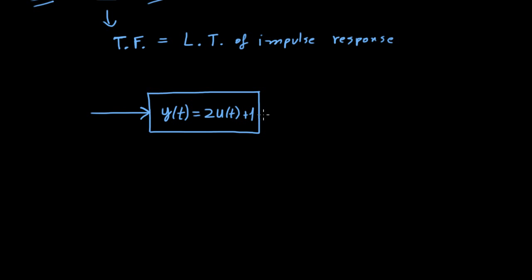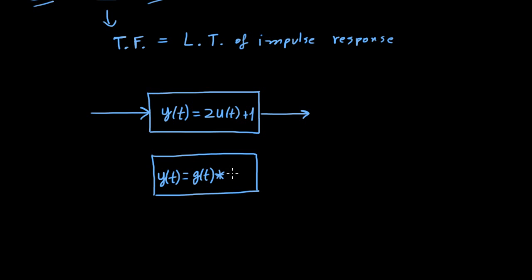This is a static system. And we can think of a dynamic system, which is defined, and this is an external definition, by the convolution, as we already know, of the impulse response and the input.